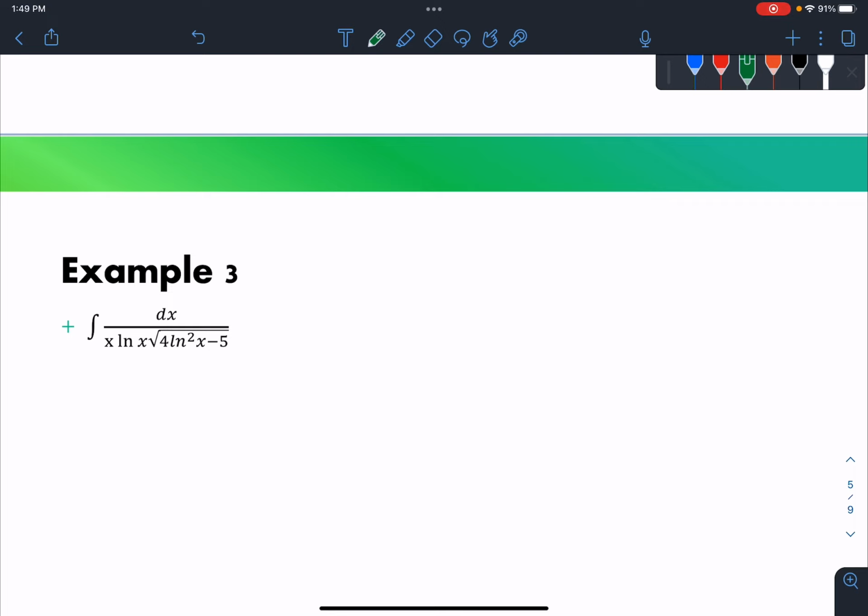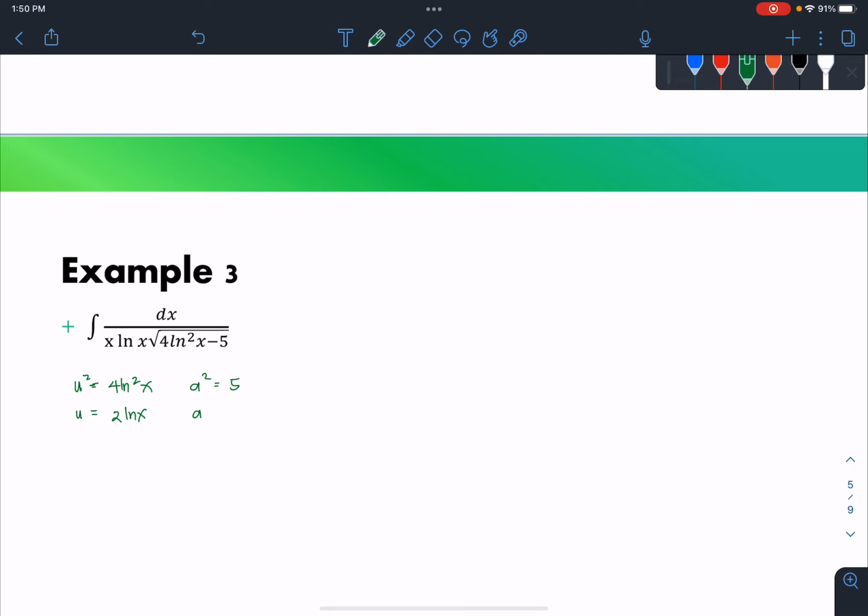So let's say our u squared, the entire variable, is 4 ln squared x, and our a squared is 5. To get u, we find the square root of 4 ln squared x. Square root of 4 is 2, square root of ln squared x is ln x. So 2 ln x squared will be 4 ln squared x.